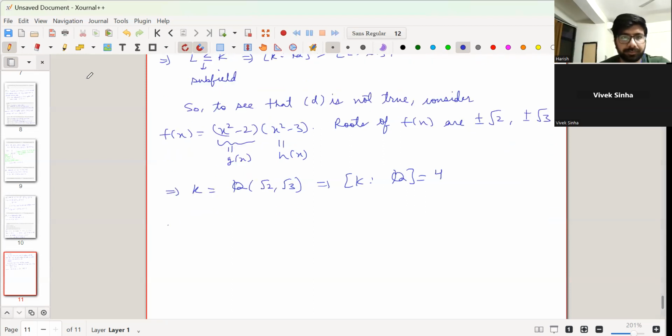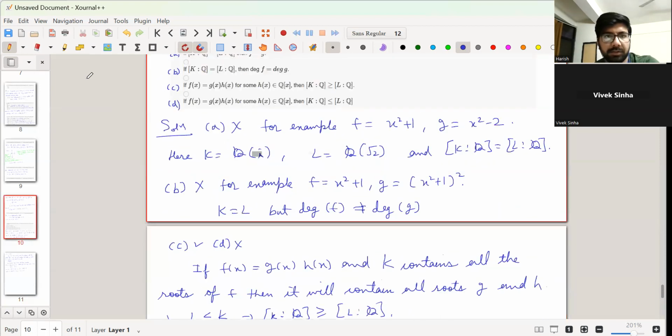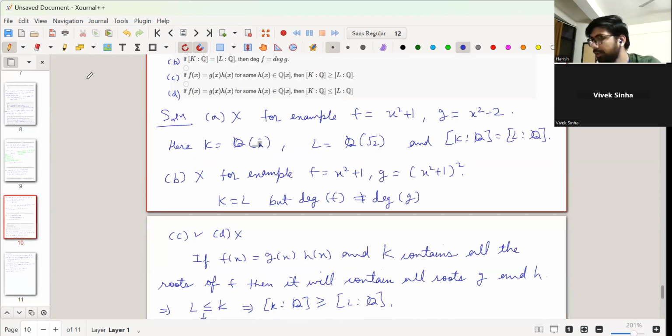And of course here L is just Q(root 2), the splitting field of g(x), which makes it of degree 2. So it is actually less than this. So the D part is not true. So you have only C to be the correct option. Okay.